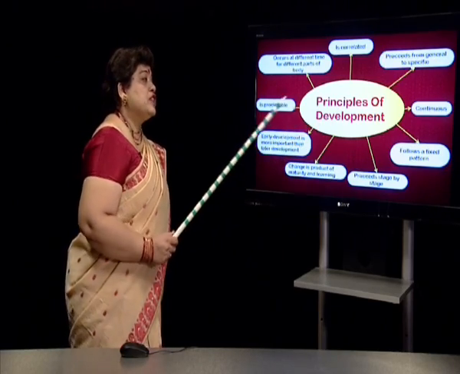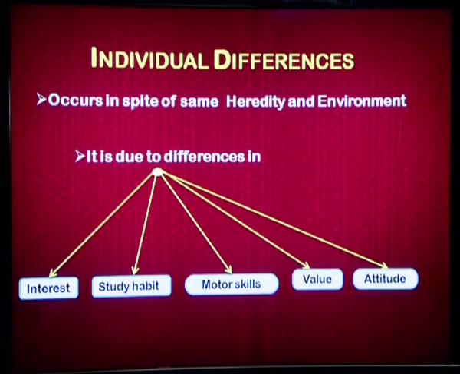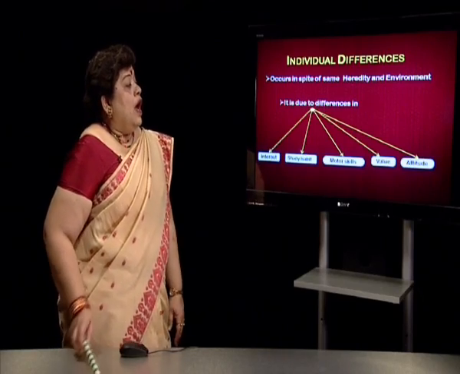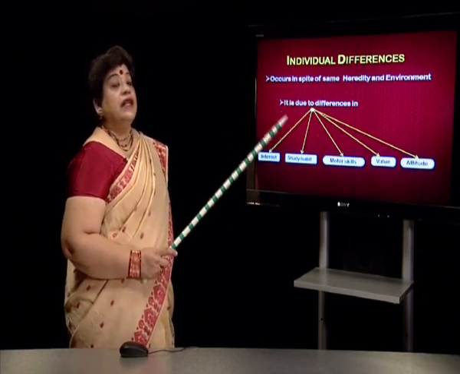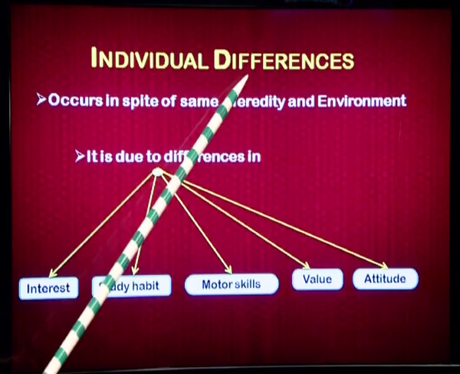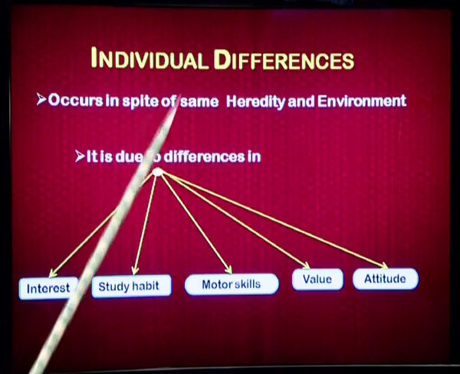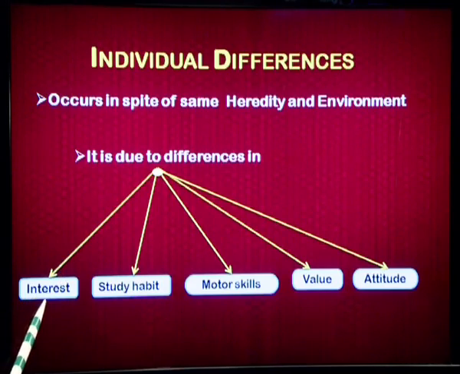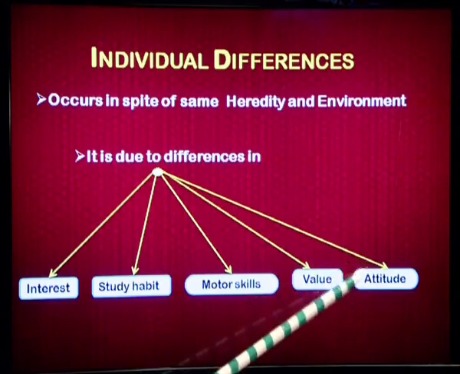A principle which is very important is that development is predictable. We are able to predict or tell what next development will happen. If you remember, in one of the earlier slides we had discussed that there are individual differences. If there is difference in environment and heredity, these differences happen due to difference in interest, study habit, motor skills, value and attitude.